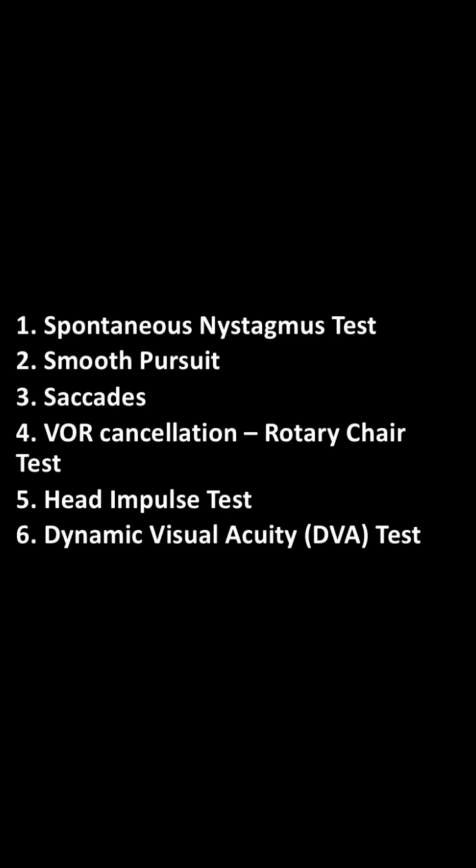A failure to sufficiently suppress the VOR can be an indicator of a possible central pathology. Abnormal findings for this test would be saccades and possibly nystagmus. And as mentioned before, this test is another central vestibular system test.